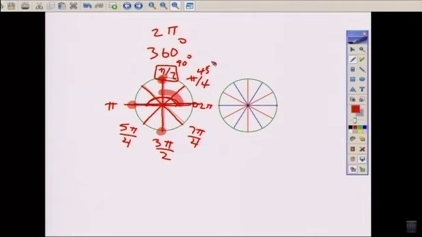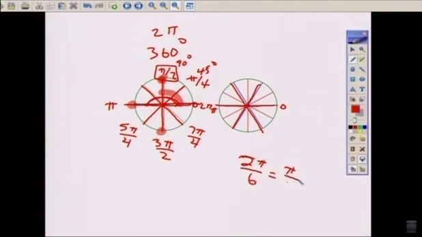I've got another circle here that I want to start with. Again, this is 0, and we have pi over here. Now instead of cutting this into halves again, let's say that I cut the whole circle into 6 pieces. So if I were to take my marks here, cut it into 6 equal pieces, I'm taking that 2 pi and cutting it into 6 pieces.